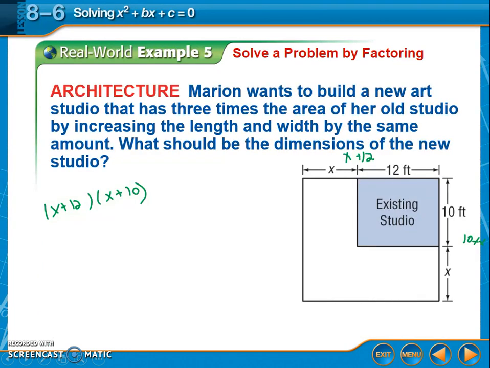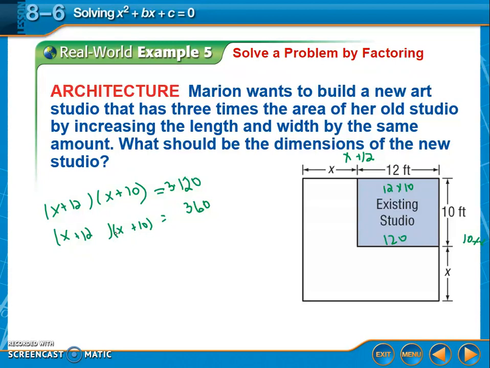So if we want her area to be 3 times the old one, the area of the existing studio is 12 by 10, or 120. So we want the new dimensions to be 3 times that, so 3 times 120. So we want x plus 12 times x plus 10 to be equal to 360.